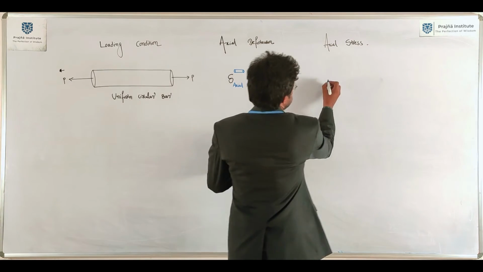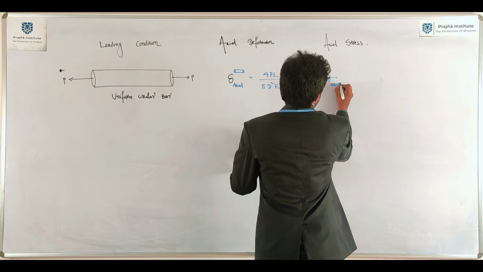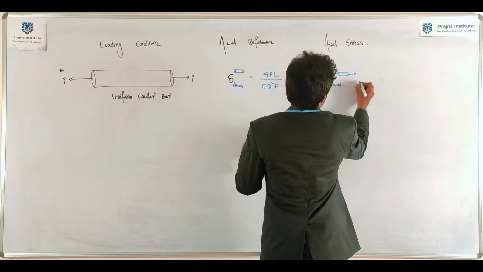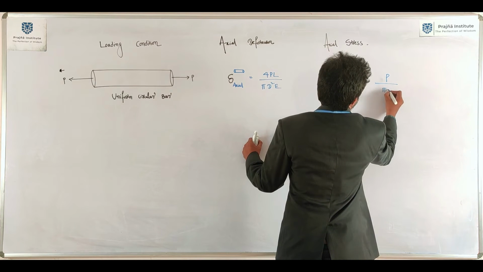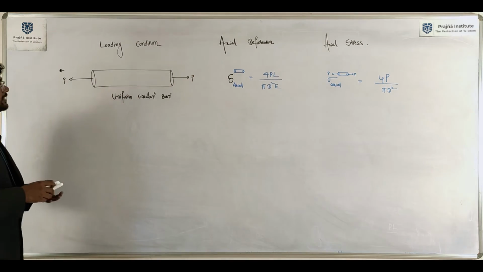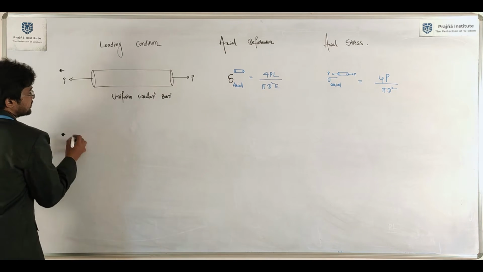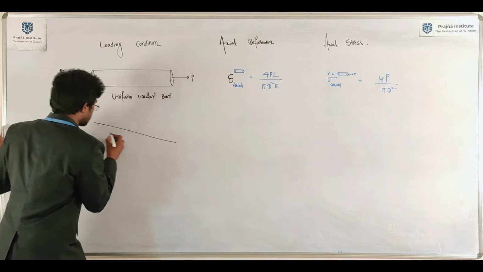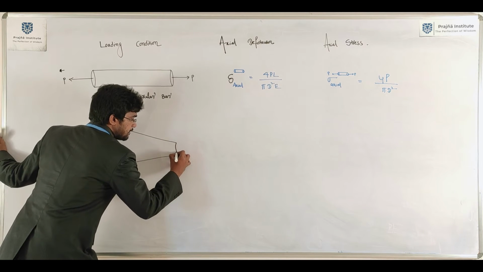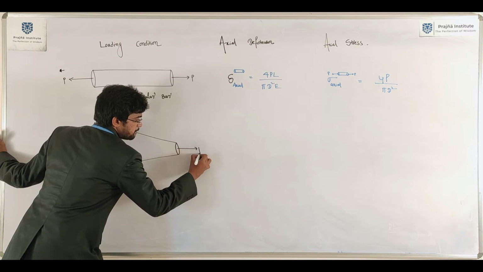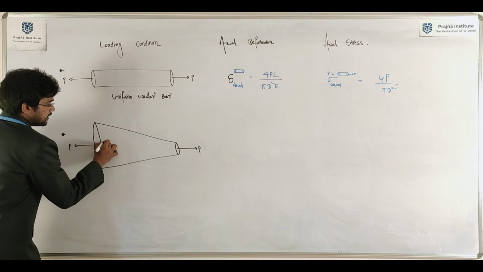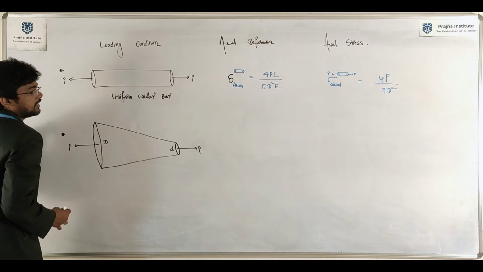Next, sigma axial, when it is subjected to loading, is nothing but load by pi d square by 4, that is 4P by pi d square. Next, in case 2, the tapered circular rod, or tapered circular bar, with load P, from here to here it is capital D and small d.